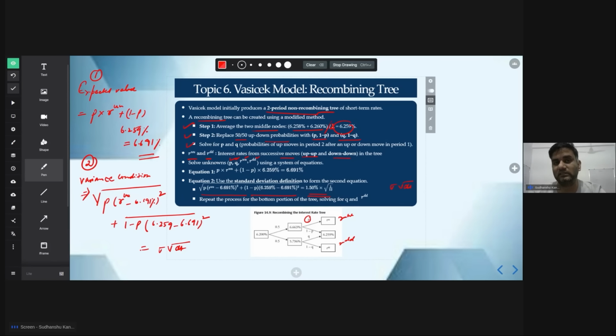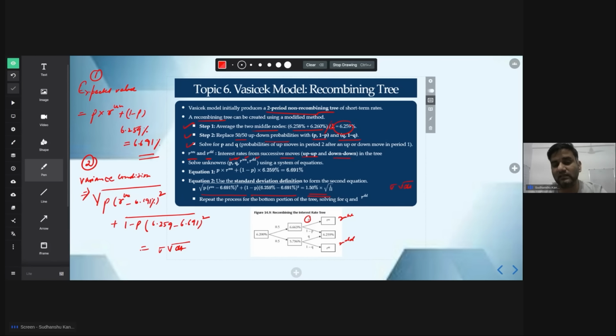Second is to replace the 50-50 probability by p and 1 minus p, q and 1 minus q. Third is to take the two conditions: the expected value condition, p into RUU plus (1 minus p) into 6.259, and similarly for q, and similarly put the standard deviation definition also.